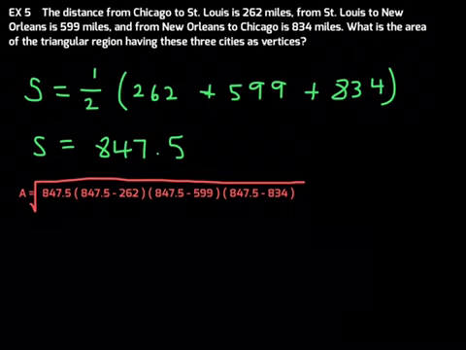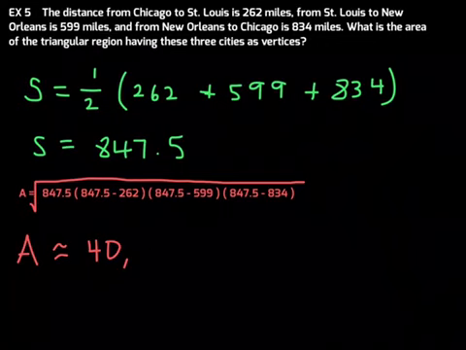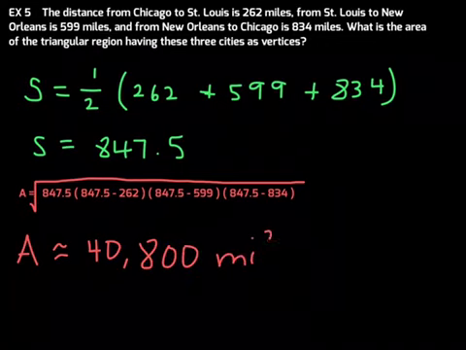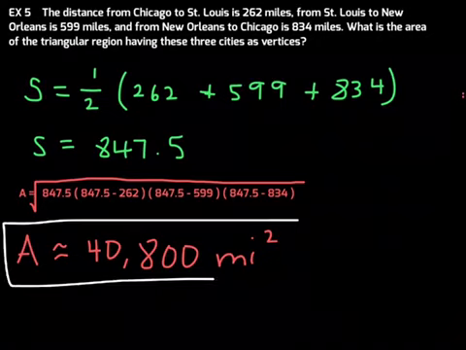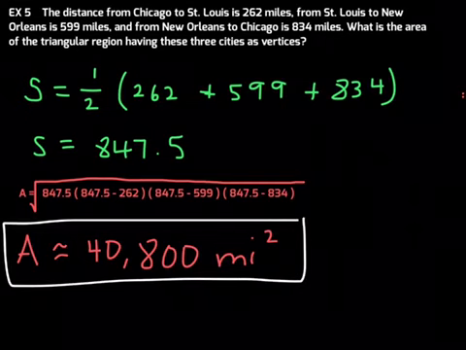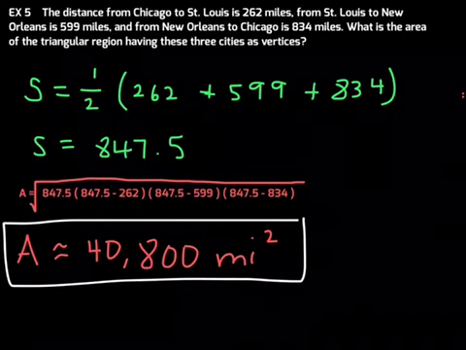Okay, when you're done, I'm hoping that you're getting that A is about 40,800 squared miles. Isn't that great? We used Heron's formula. We did not need an angle measure. We didn't need the height of the triangle or anything like that.